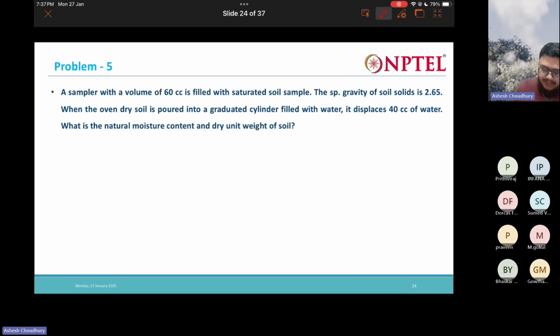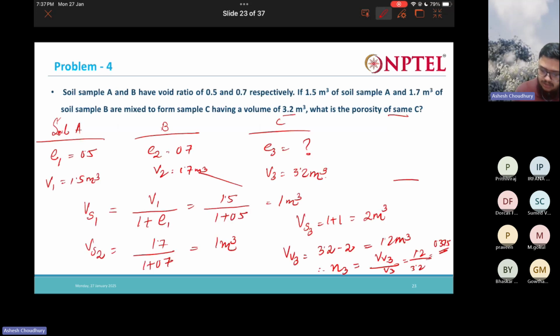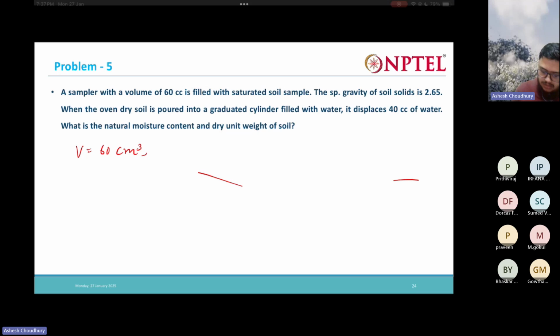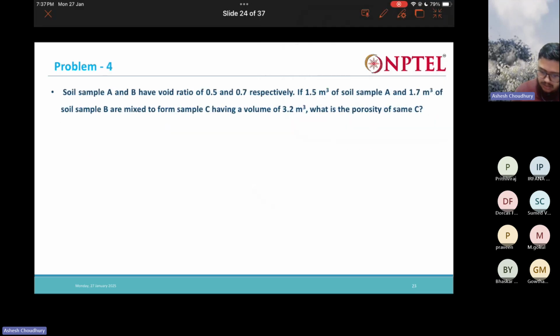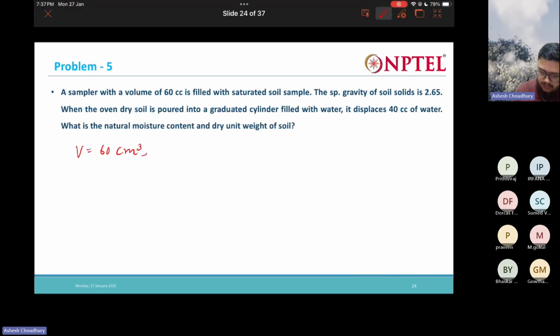So as I said, total volume is 60 cc. Volume of soil solids is equal to 40 centimeter cube. So what will be the volume of voids?